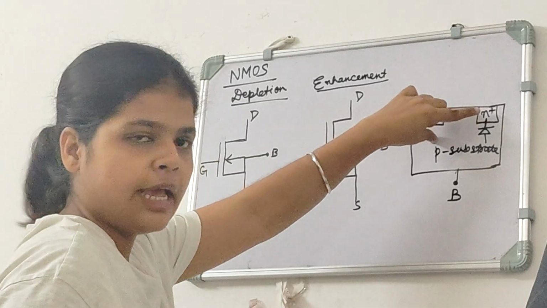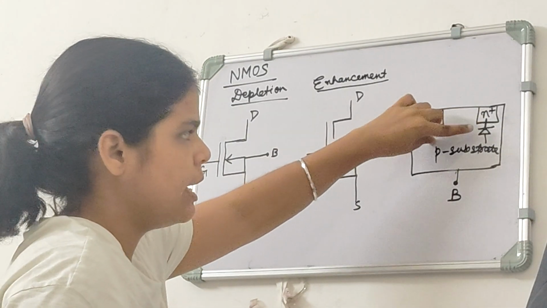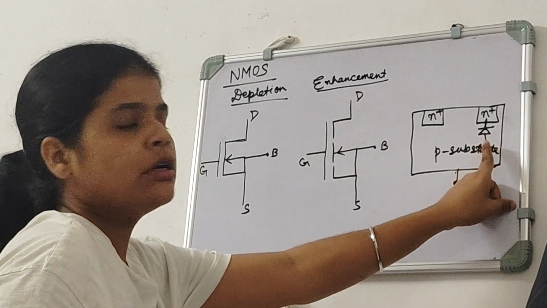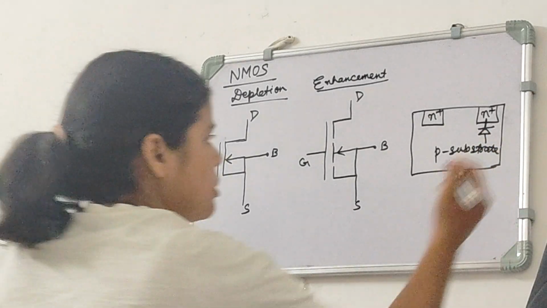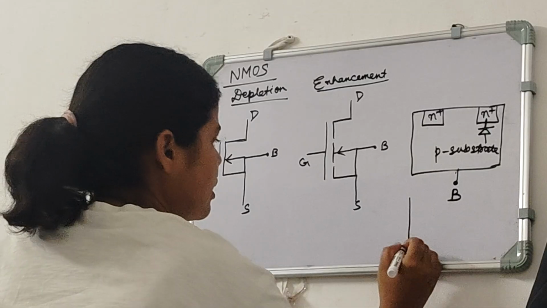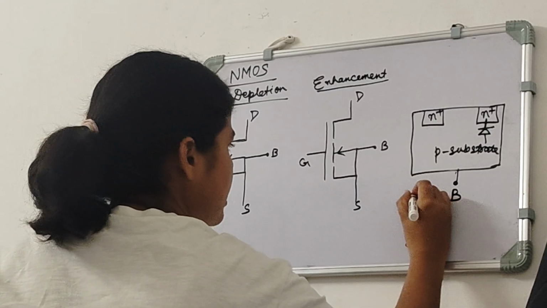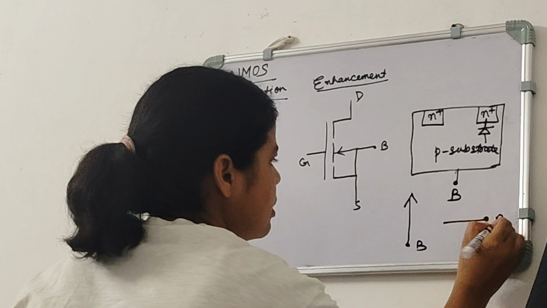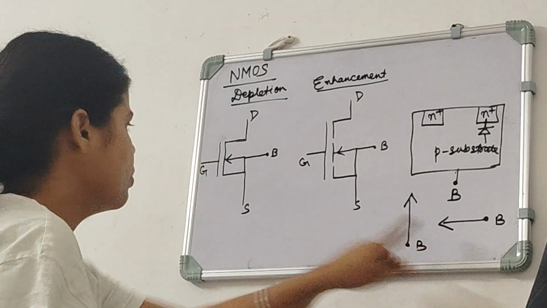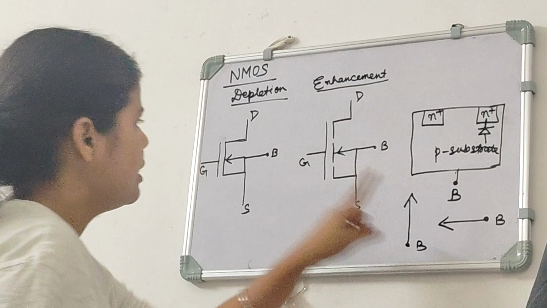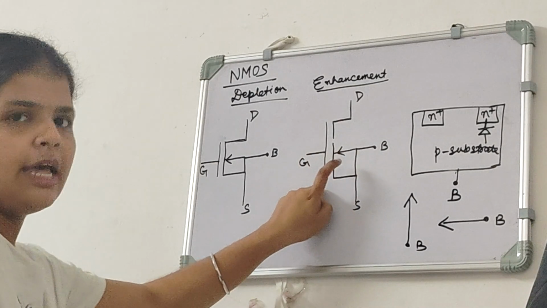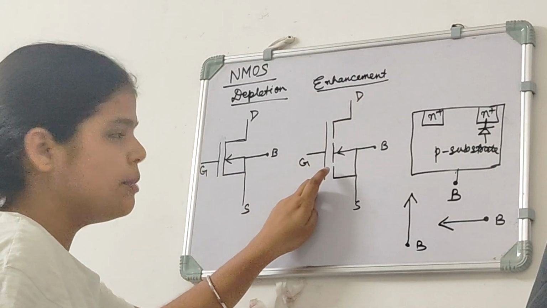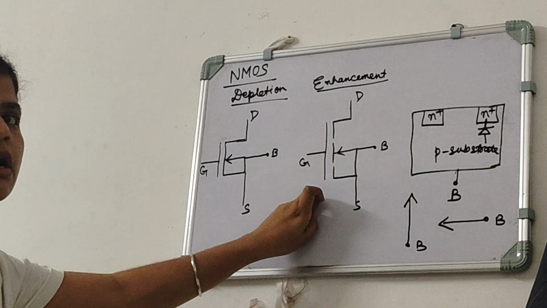Drain is of N type, so our N side of the diode will be here, and the substrate is of P type, so the P side of the diode will be this side. So it is looking like this is the body and the arrow is like this. If we tilt it, like this will be the body and this is the arrow. And the same thing is here also, because it is also for NMOS only. But the difference in these two is that here we have a dashed line, which shows that there is absence of channel.